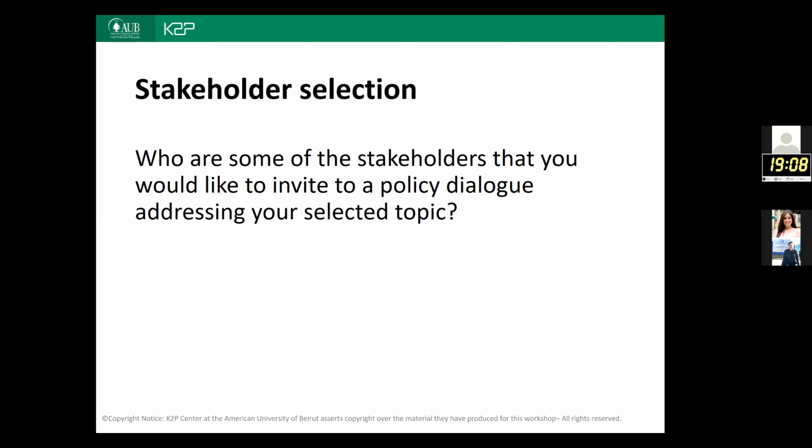What do they expect from the government to be providing them? So they would give you ideas of what needs to be done and what are some of the challenges that they faced. Based on those, you might select one parent which was the star parent in the discussion and have this person come to the policy dialogue.